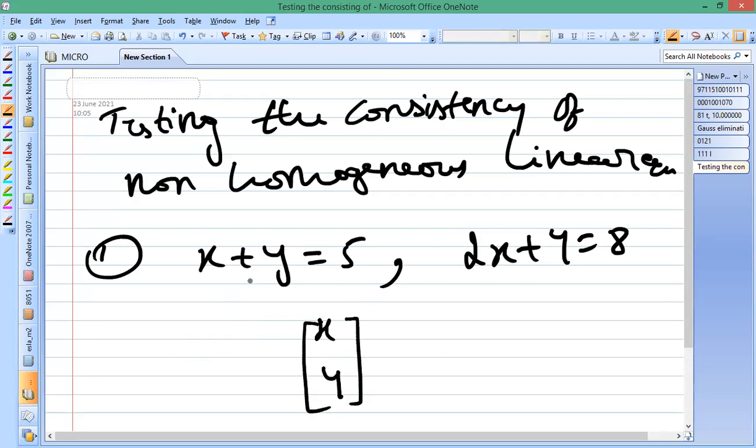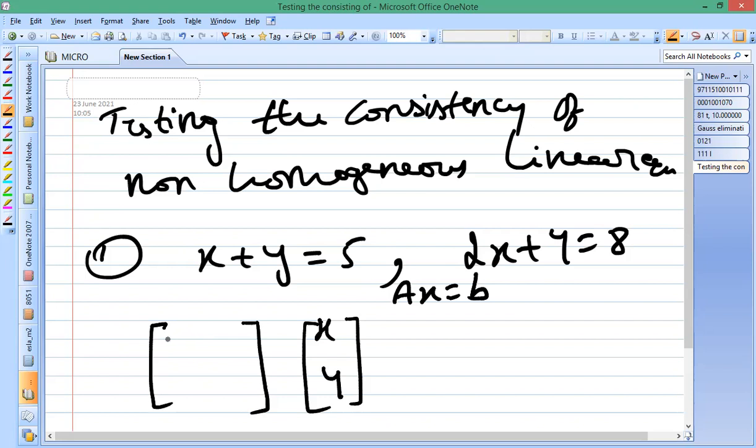You have to write these in the form AX is equal to B. Here A is nothing but the coefficients of the variables x, y, z and so on. B is nothing but the right hand side answer. From the given problem, the variables are x and y, and we write the coefficients of x and y from the given equations in matrix form.